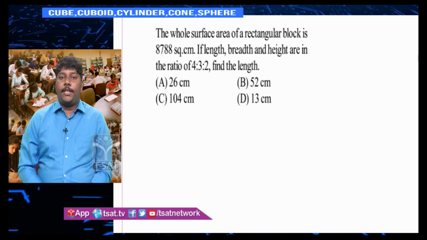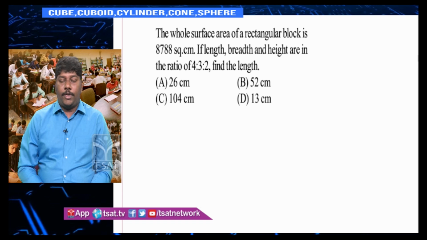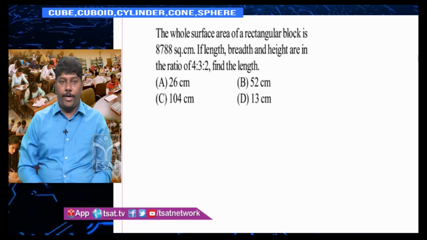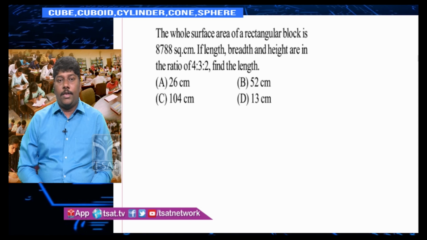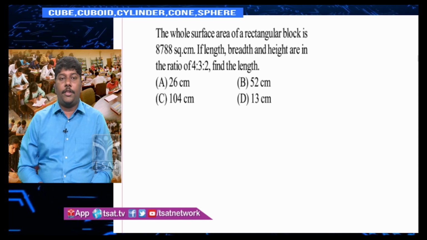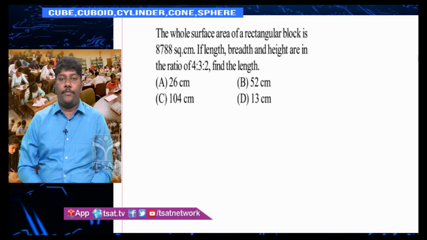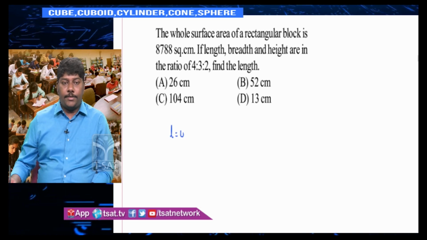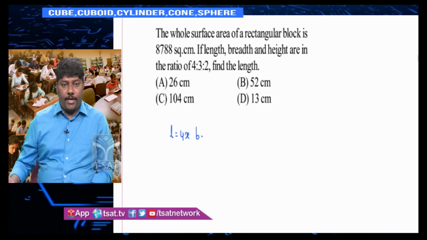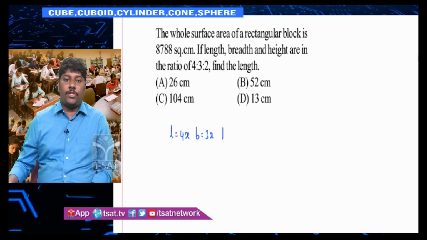Now look at the next one. The whole surface area of a rectangular block, which is nothing but a cuboid, is 8788 centimeter square. If length, breadth, height are in the ratio 4:3:2, find the length. Length is 4x, breadth is 3x, height is 2x.